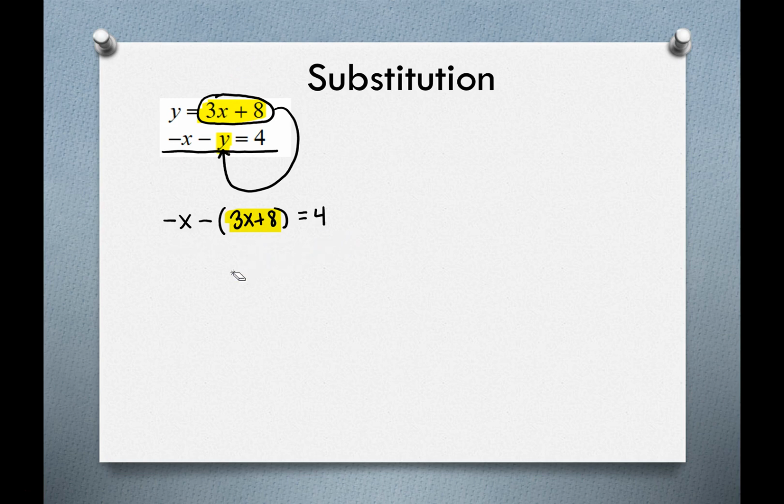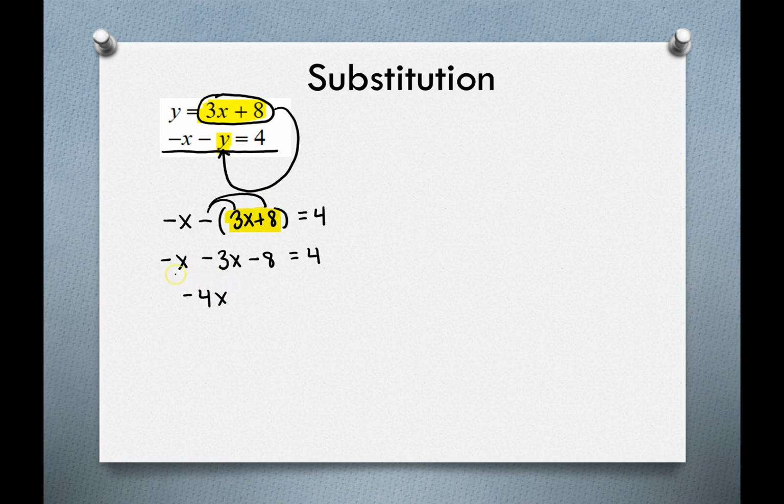All right, let's go ahead and solve this. I'm going to distribute that. So I have a negative x minus 3x and then minus 8 equals 4. Notice how I did both distributed properties. A minus x and a minus 3x, that combines to be a negative 4x.